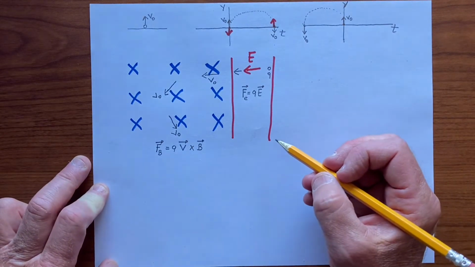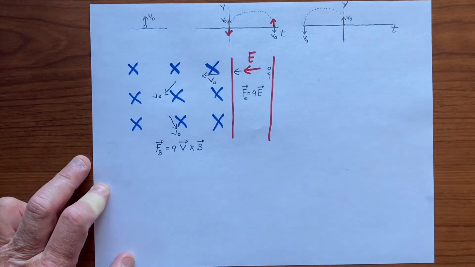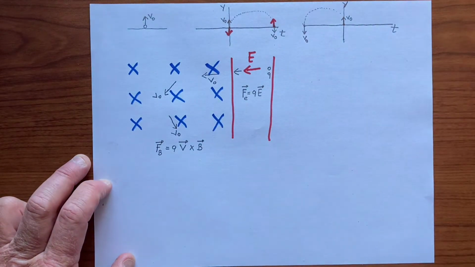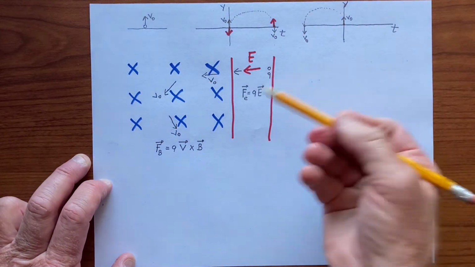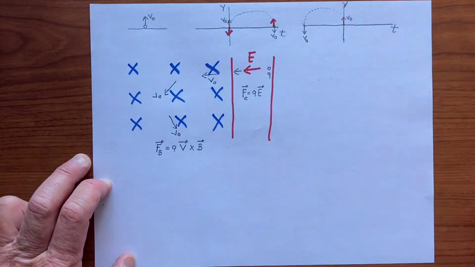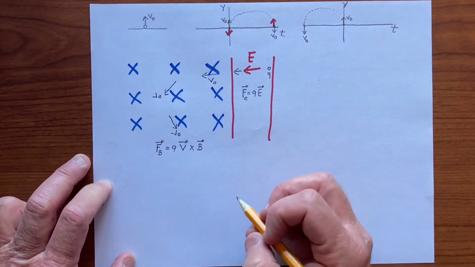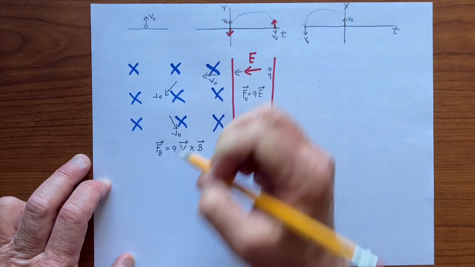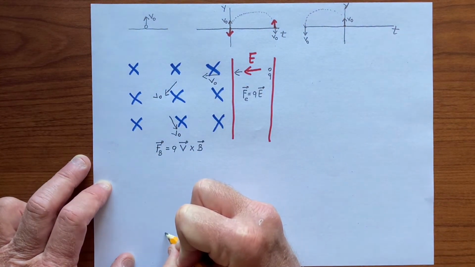Now let's imagine that we make a movie of this process, right? So instead of solving the equations for the different direction of time, let's make a movie of this and play it backwards. Well, what do we get? We're going to end up flipping the direction of the velocity.